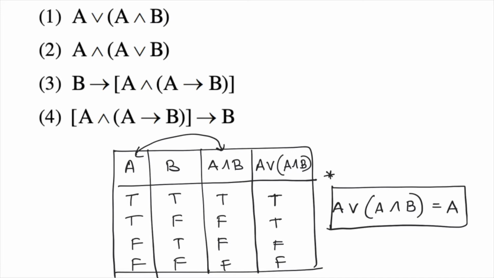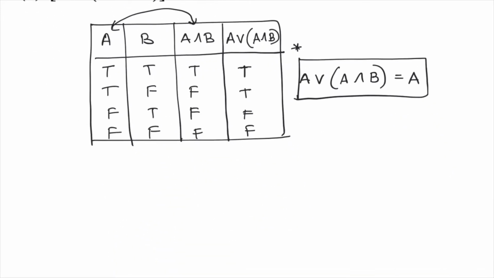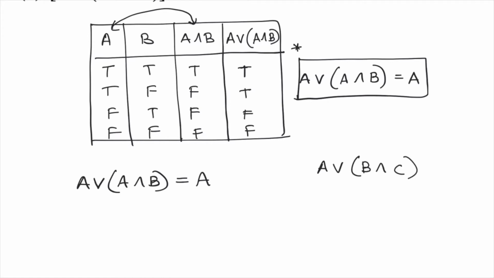Now let's see the second approach. Here I'm going to prove that A or (A and B) is equivalent to A using the laws or identities that we have learned from mathematical logic. The first thing that strikes our mind is the distributive law, which says that A or (B and C) is equal to (A or B) and (A or C).